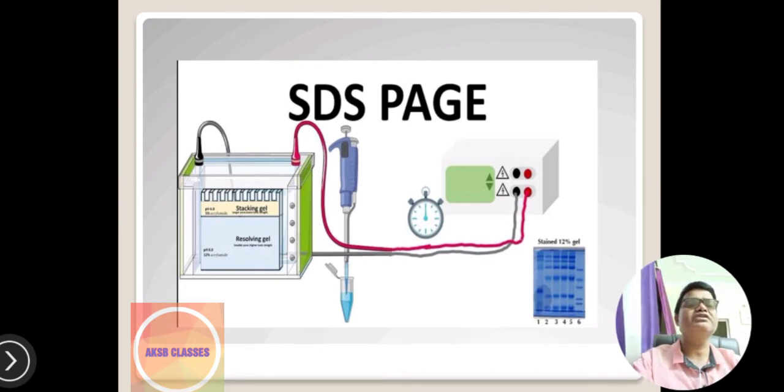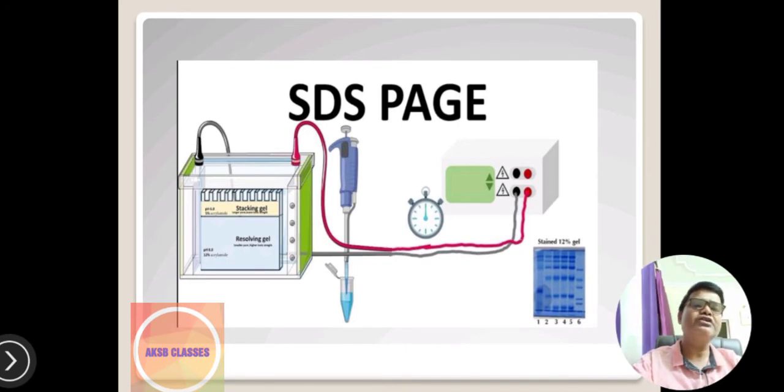When 70 to 80% of the area is run by the protein along with the tracking dye, then we stop the polyacrylamide gel electrophoresis process, and after staining with Coomassie brilliant blue, we can observe the protein band. It is given in this diagram, blue in color. So we try to find out the molecular size with the reference standard.